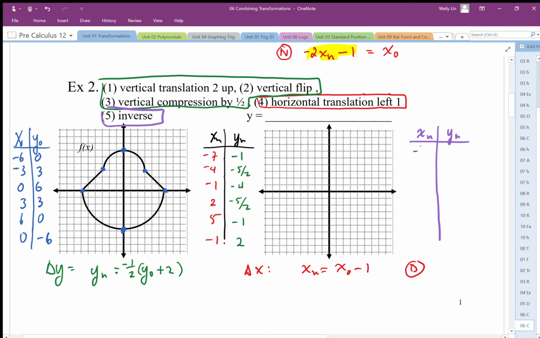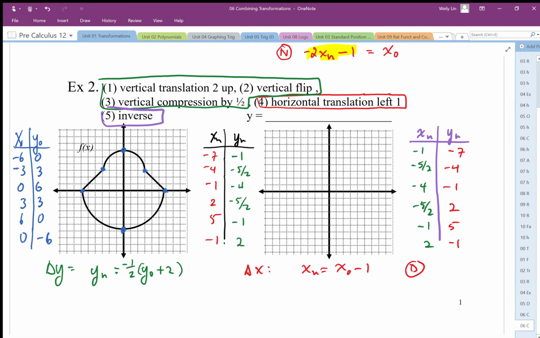So negative 1, negative 2.5, negative 4, negative 2.5, negative 1, positive 2. So those are all my new x's. My x's now become y's. So negative 7, negative 4, negative 1, 2, 5, negative 1. Okay, so now I've applied all my transformations.